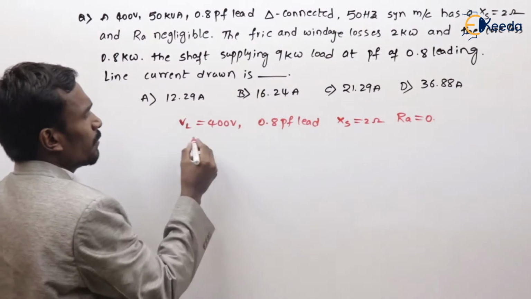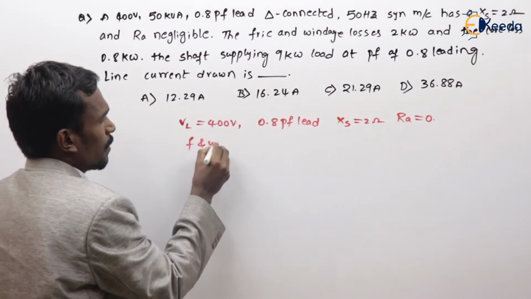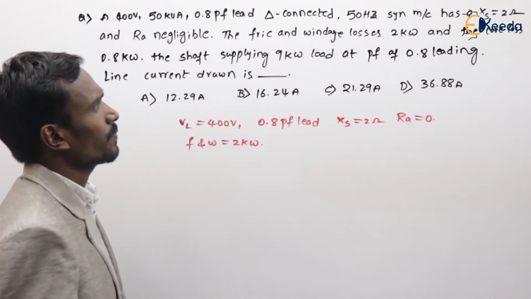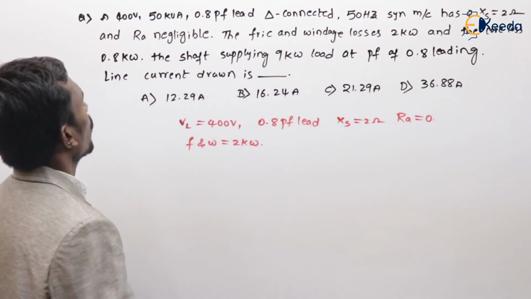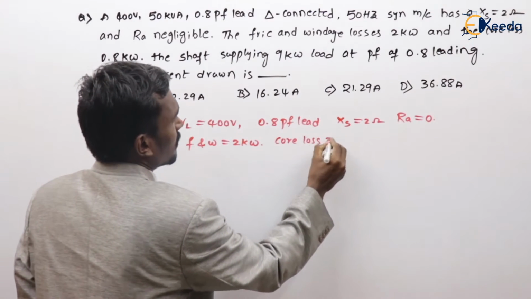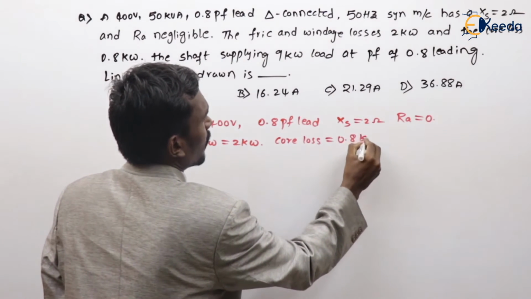The friction and windage losses are 2 kilowatts, and the core losses are 0.8 kilowatts.